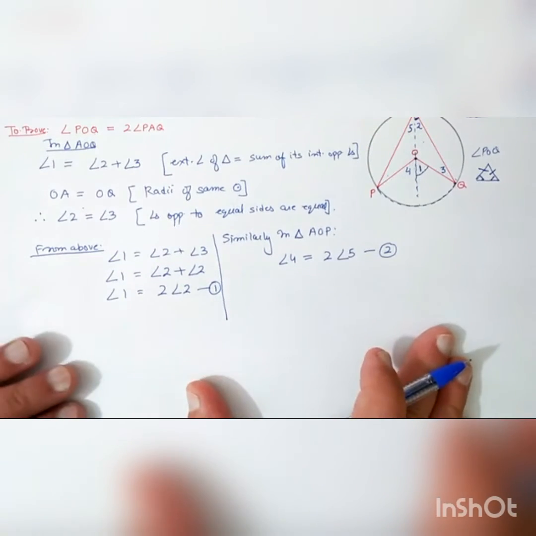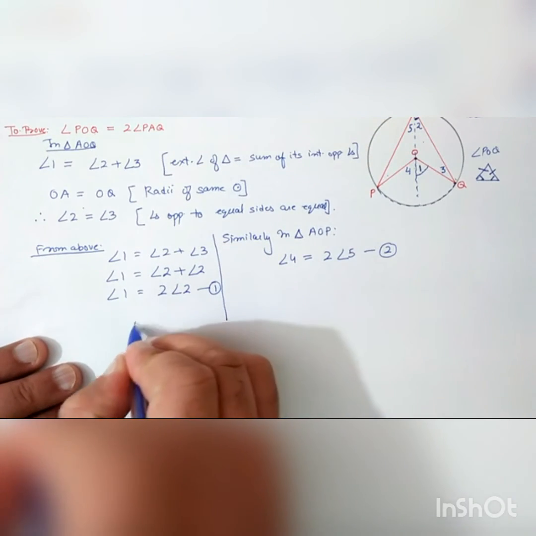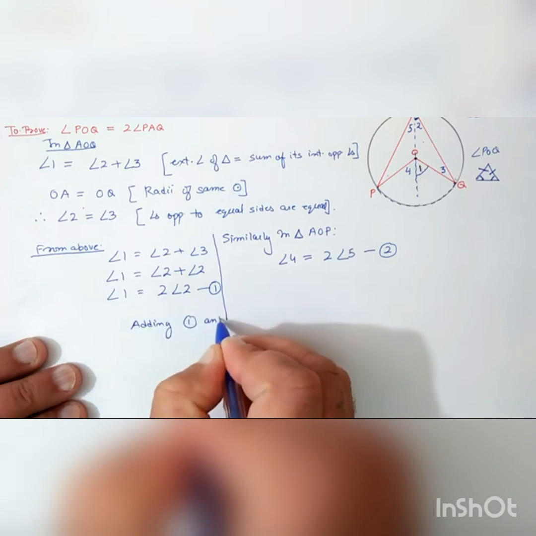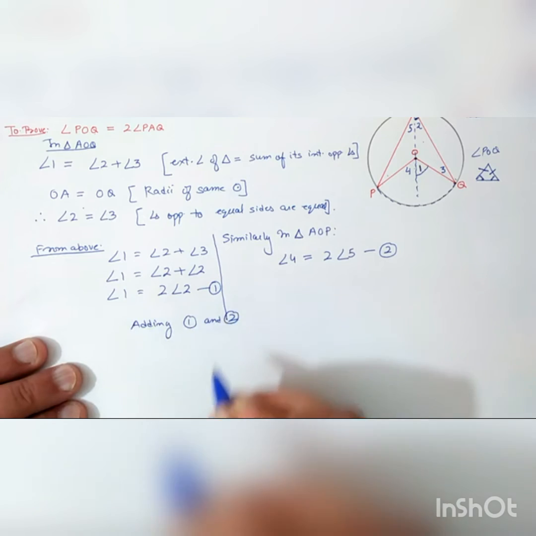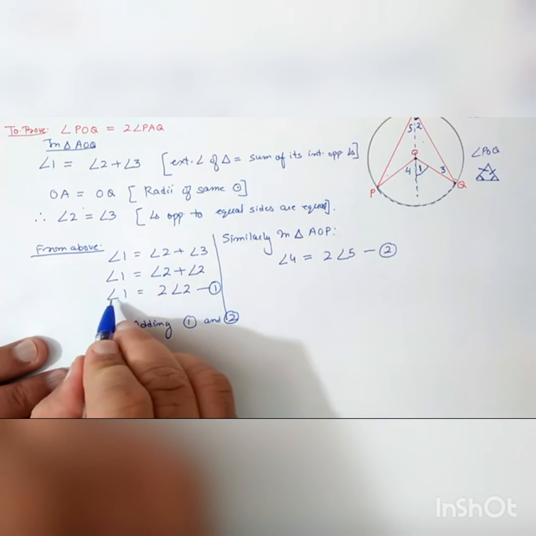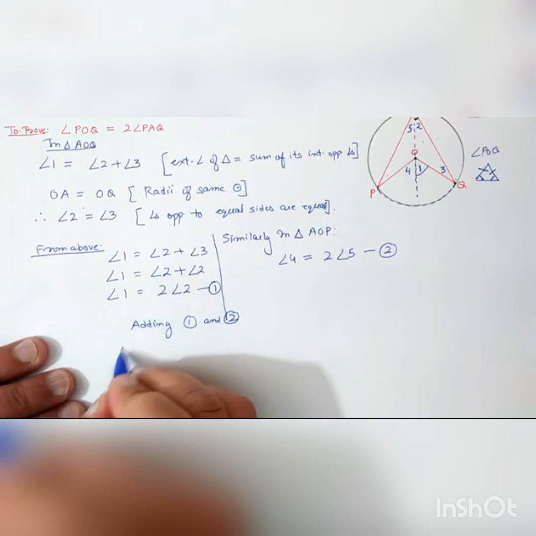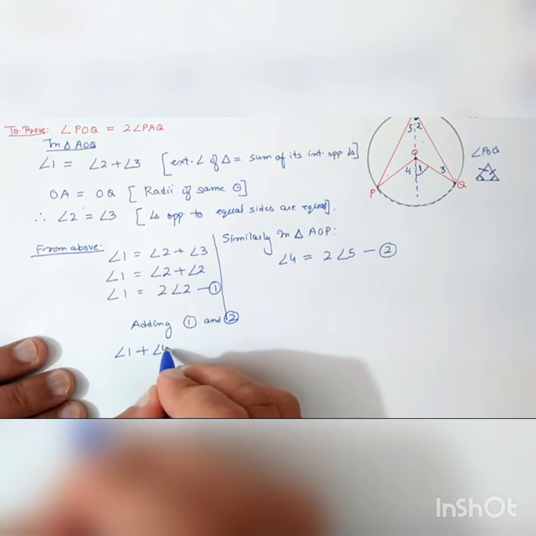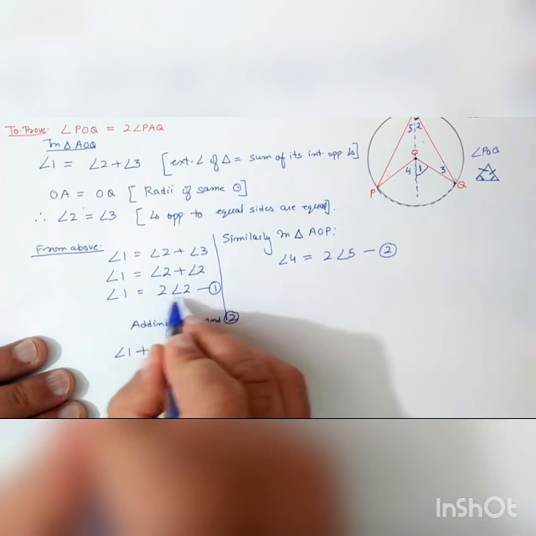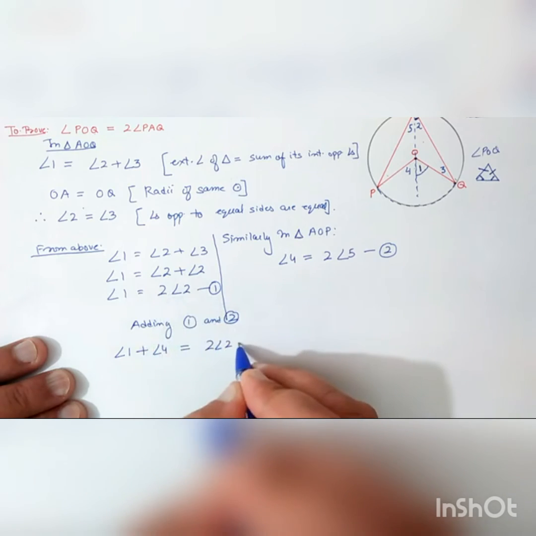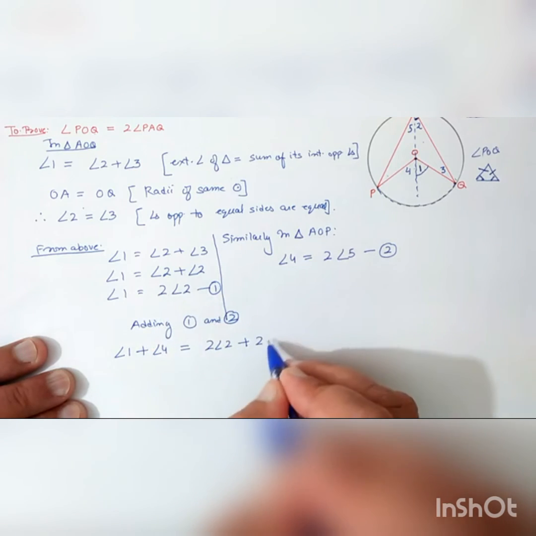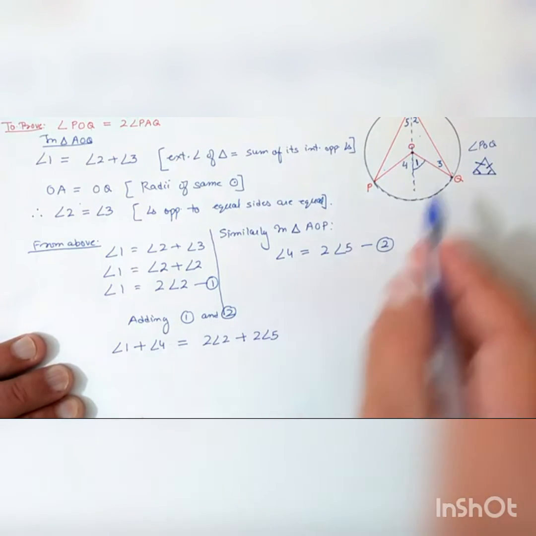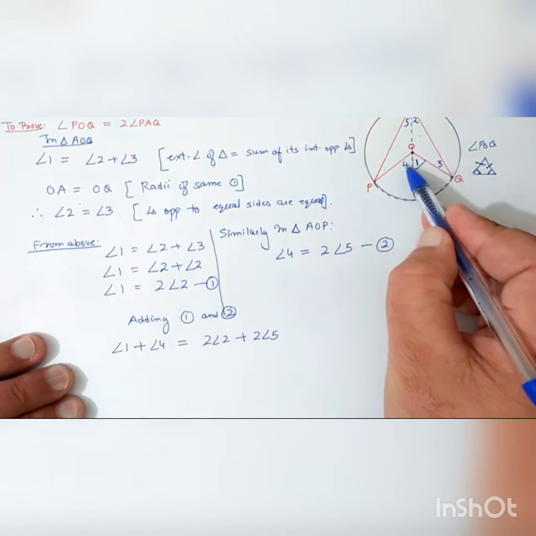Here in place of angle 1 it will be angle 4, and instead of 2 times angle 2, it will become 2 times angle 5, because the conditions are the same in both the triangles. So instead of solving and writing all the steps all over again, we can just write similarly in triangle AOP, angle 4 is 2 times angle 5.